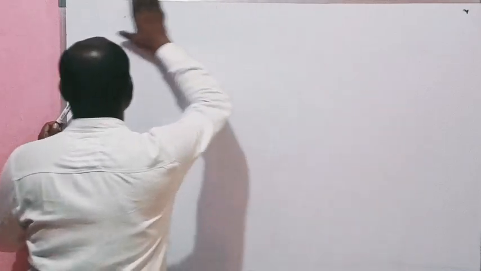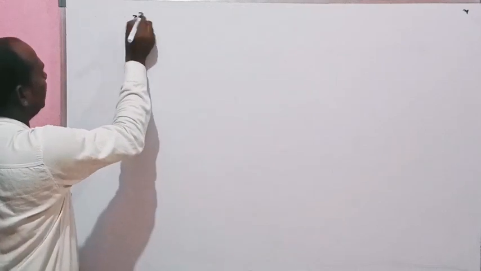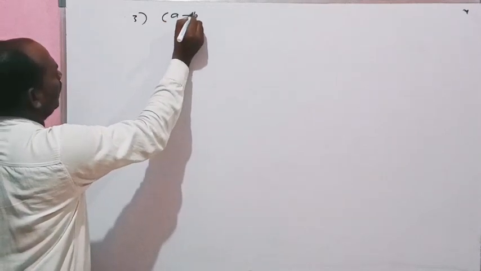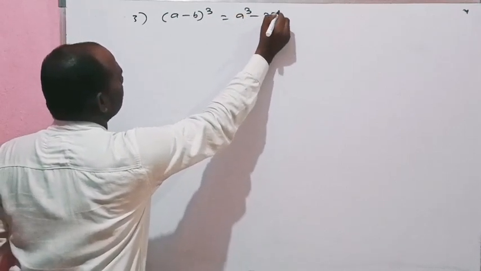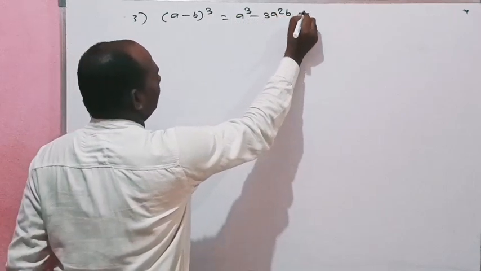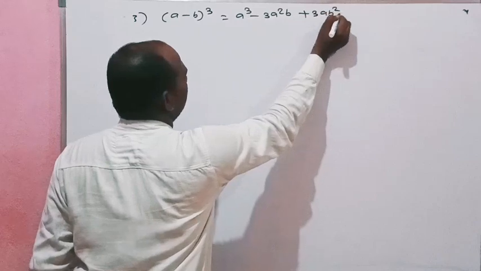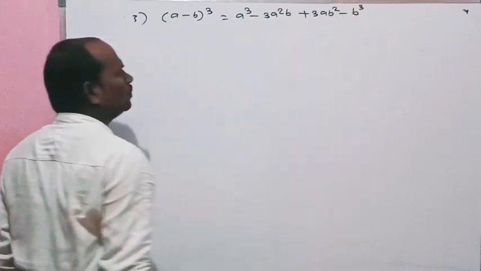Now the a minus b its cube is equal to a cube minus 3a square b plus 3ab square minus b cube.